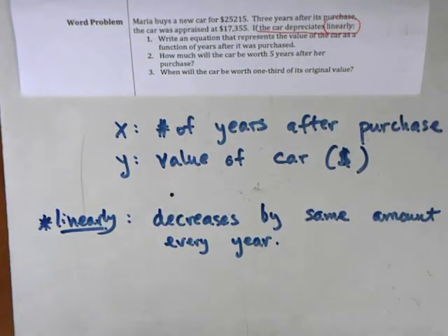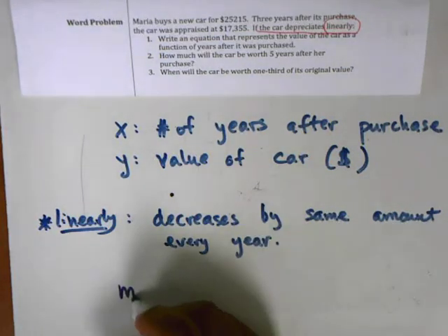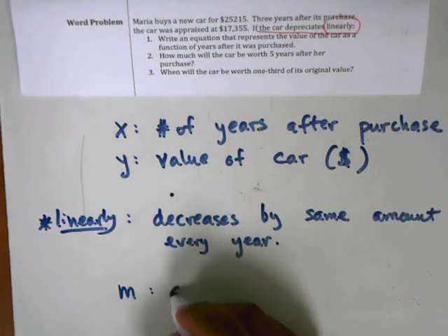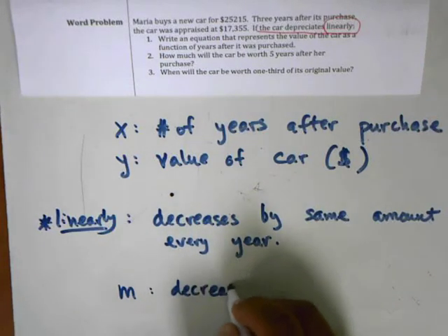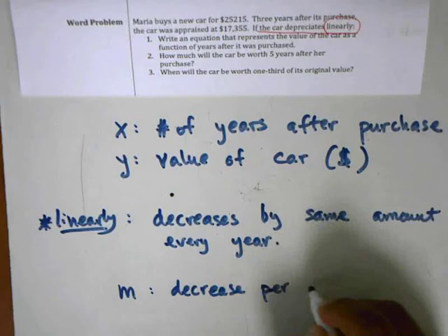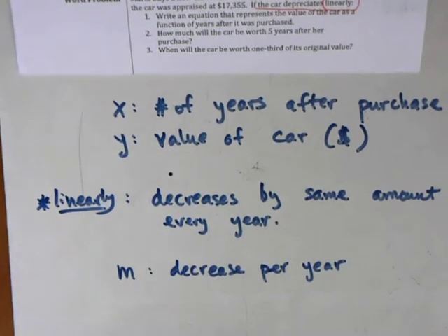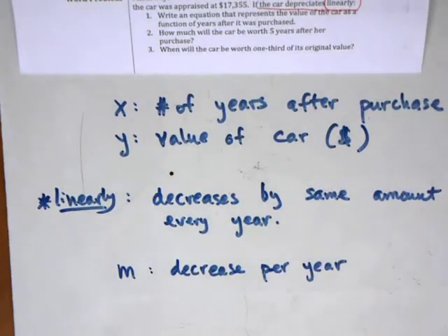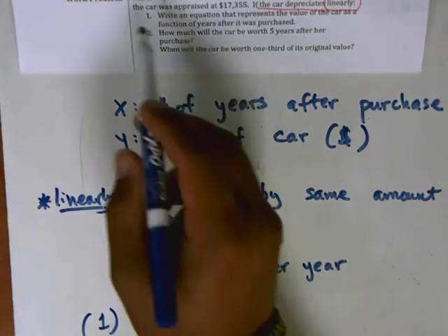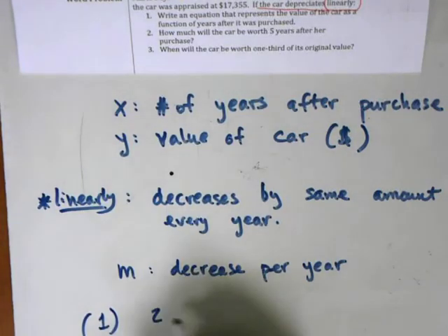So now what we can do is find the average decrease per year. So I'm going to let M represent the decrease per year. In other words, we can create a linear function out of this using 2 points. So for number one, we need 2 points.